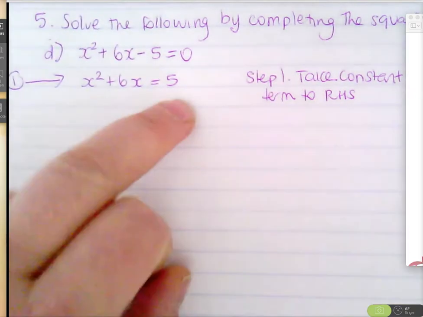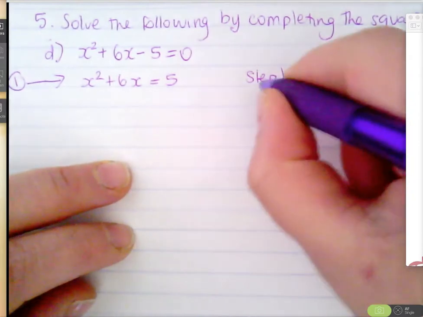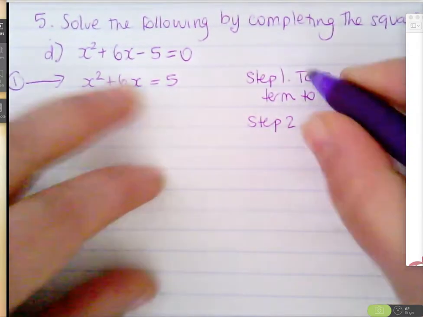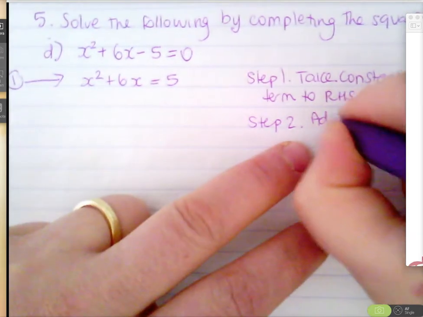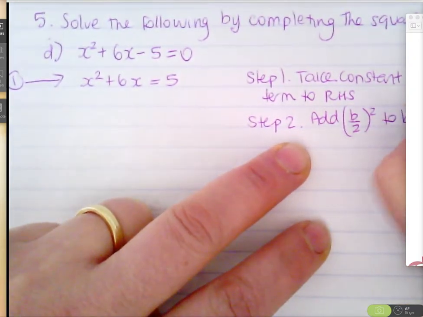So we've got x squared plus 6x is 5. But that was step 1. Step 2 is to complete the square on the left-hand side, but you add that b over 2 squared to both sides. So step 2 is to add b over 2 squared to both sides.